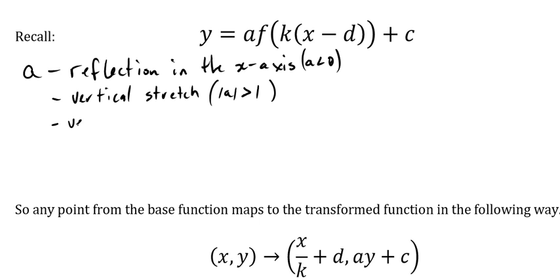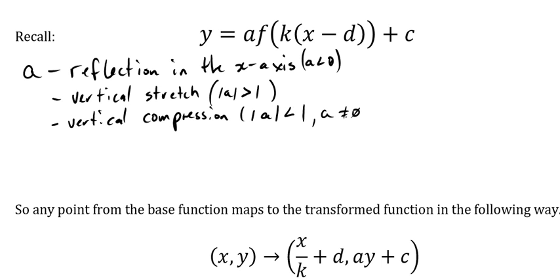And it's a vertical compression if the absolute value of A is less than 1 and not equal to 0. So if it's a fraction or a negative fraction, smaller than 1. Okay.